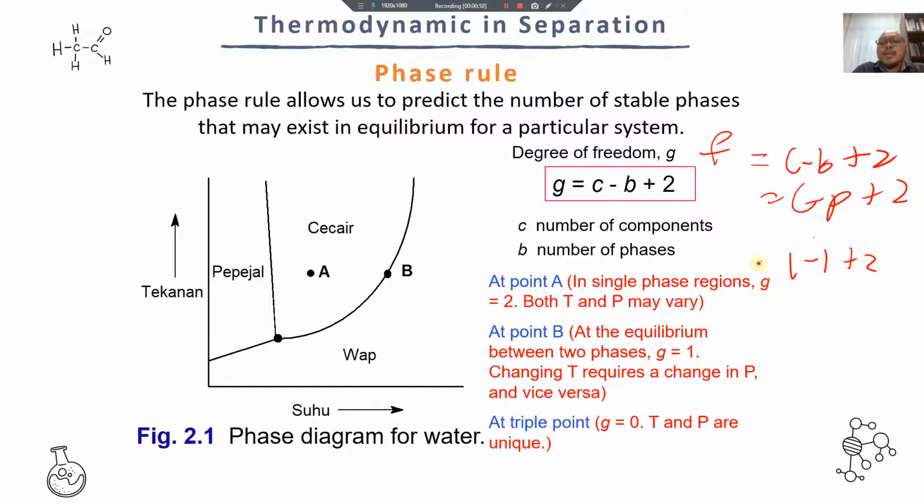So you get 2. So if we look here, what does plus 2 mean? It means that you have two variables that you can play around with in this particular system.